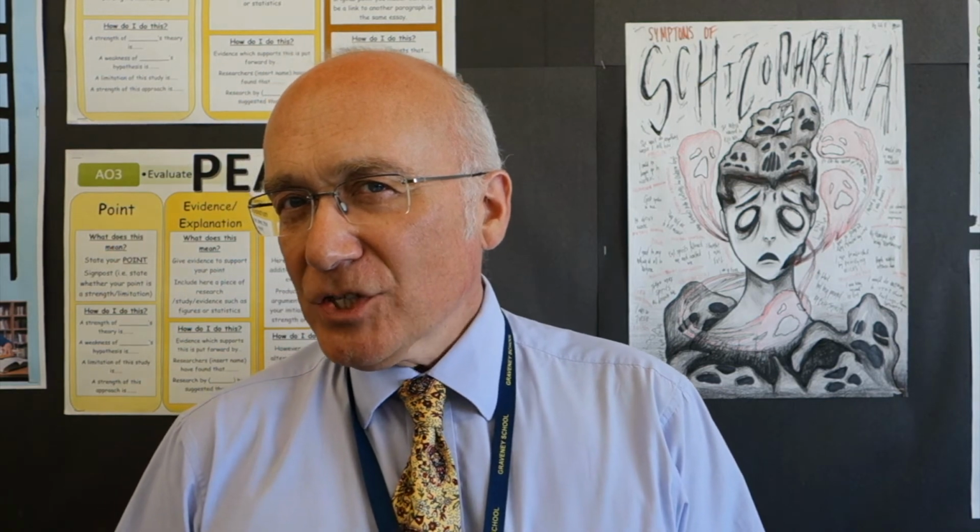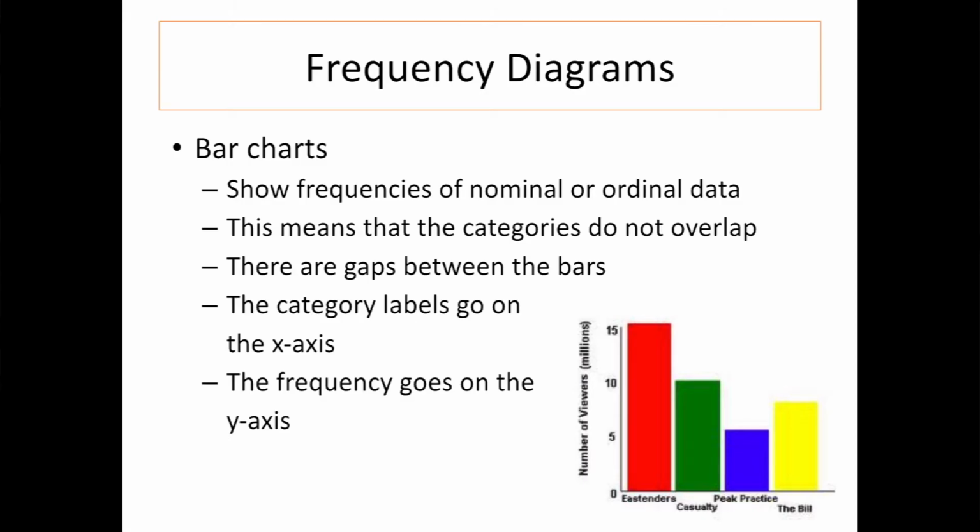Graphs. They can give us graphs to draw, and we've got to know when you draw a histogram and when you draw a bar chart. How can you tell? Right. You draw a bar chart when you have got nominal or ordinal data in non-overlapping categories.